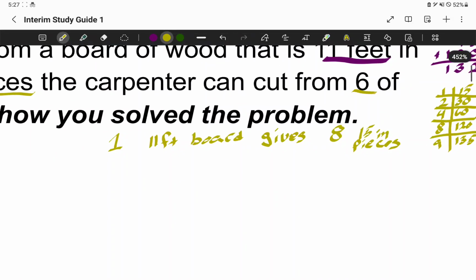Well, we have 6 of these boards, so we multiply this by 6. 6 times 8 is 48. There's my answer.